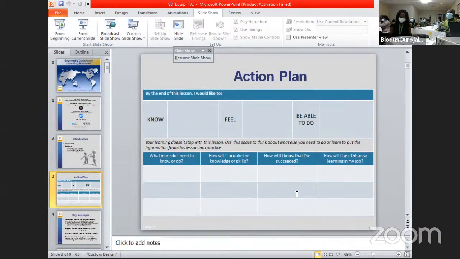So it is after we have covered the module that we will proceed to the bottom part of the chart on display, that is, what more do you need to know, and so on and so forth. But for now, we will confine ourselves to the first part.